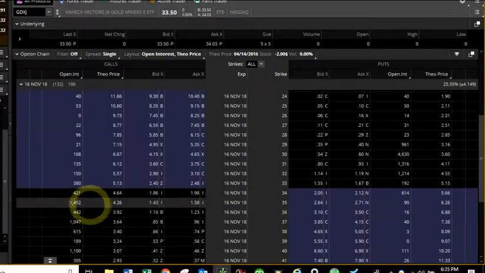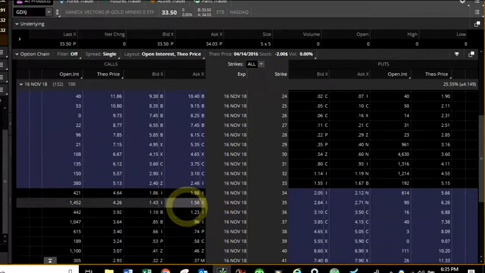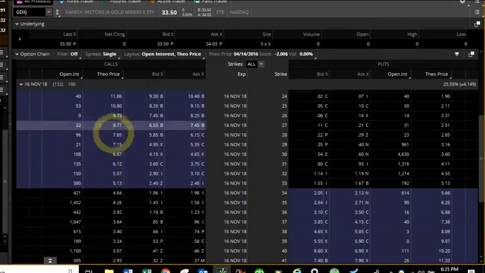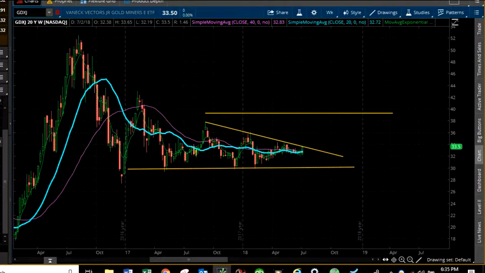It looks like there's plenty of action there, 1,452 contracts on that. And somewhere around 1.52 or so, you can buy those. And if this moves up to 39, then this is going to have to be about $4 at expiration. So it's a pretty good return. That's one of the trades I'm looking at here recently.